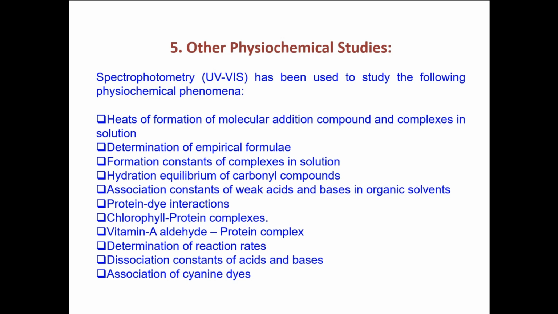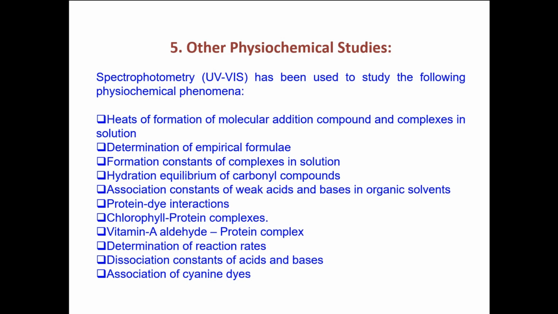Protein-dye interactions: you can see how the protein and dye interact and show a characteristic property, and we can identify that. Chlorophyll-protein complexes can be studied, how they interact with one another. Vitamin A aldehyde-protein complexes, how they form and how they help in the biological reaction, we can identify.